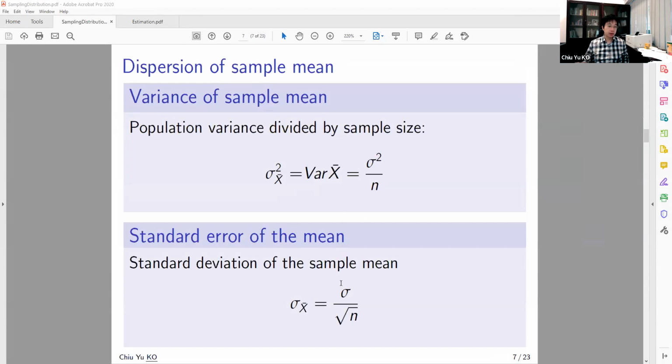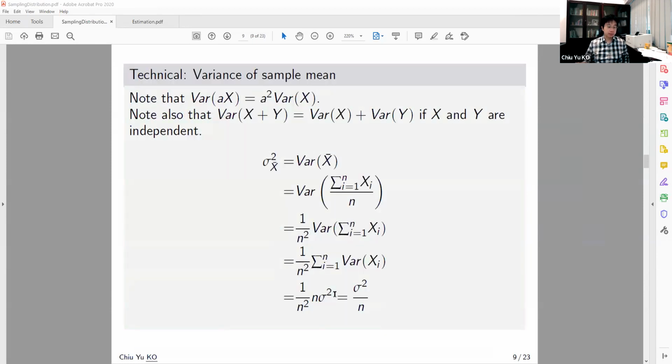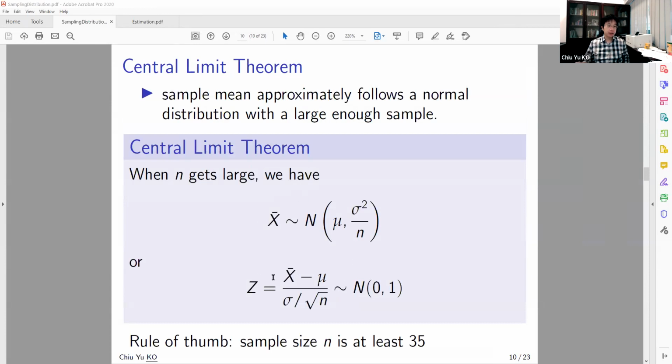Okay, that is the error. The mean of the sample mean is the population mean, and the variance of the sample mean is the population variance over n.